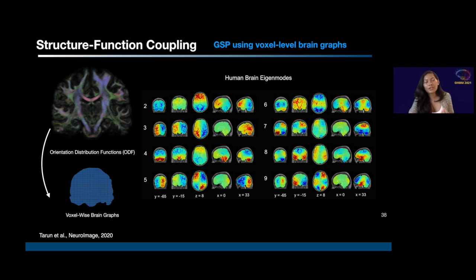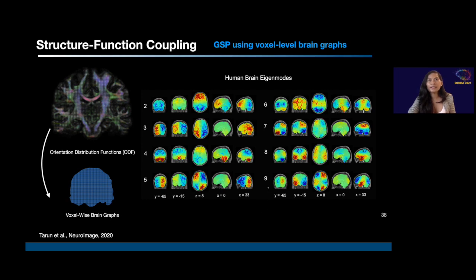In a recent work, we introduced a brain graph defined at the voxel level, meaning that all voxels in the brain, including the white matter, are included. If we decompose this voxel-wise brain graph into its associated eigenvectors and eigenvalues, what we find is a set of human brain eigenmodes at the voxel level.